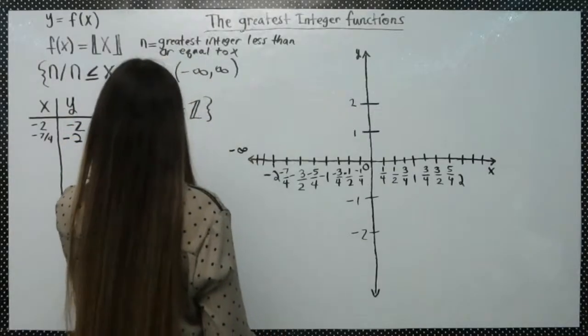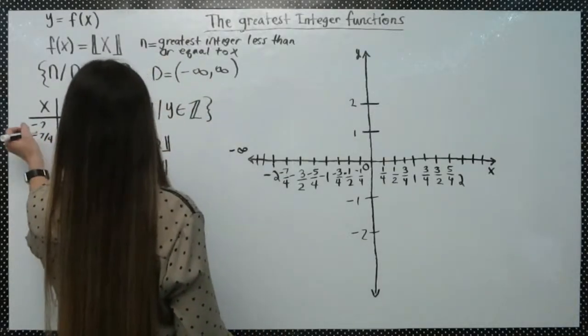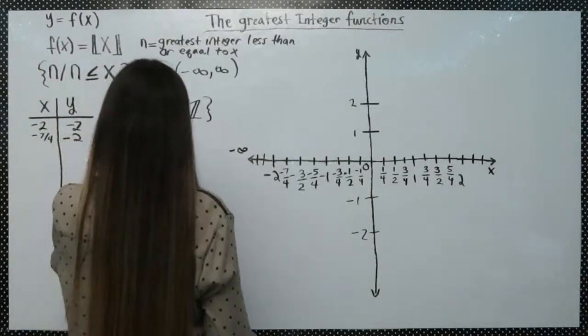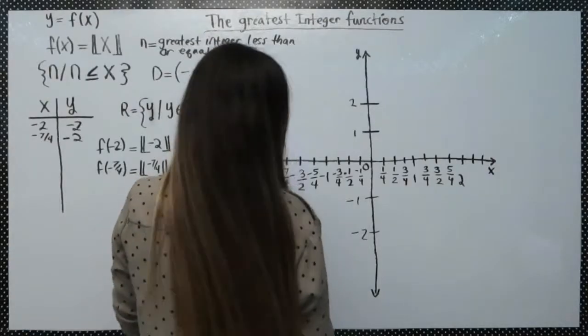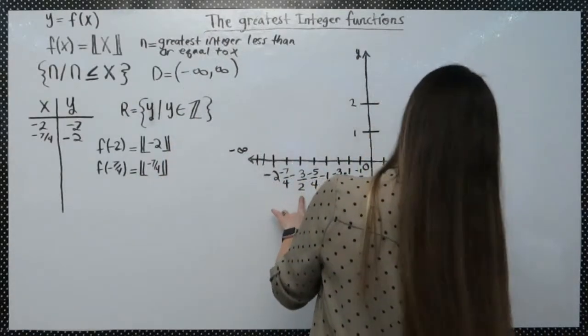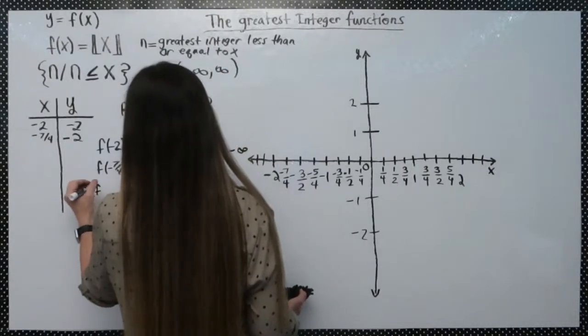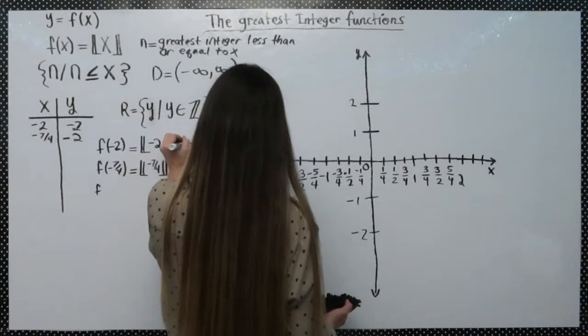And I don't know what's going on with me, why I can't make a decision how I want to do my 2's, but I think I want to have them loop. Okay. All right. So then we're going to go to the next integer, -3/2. And this equals -2. So we'll say -2.